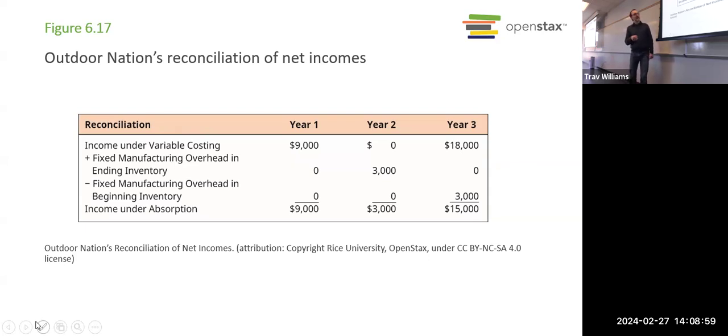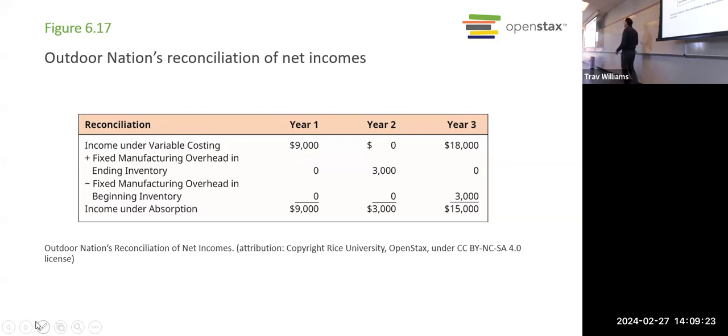And then in year 3, well, that $3,000 gets sold, and so those costs do end up showing up over here. And that does reduce the profits for year 3, but you see under variable, because they already lost that $3,000 here, they end up more profitable the next year.